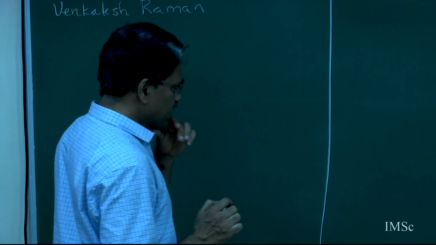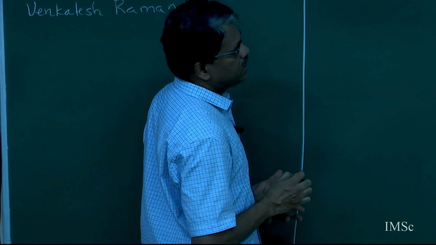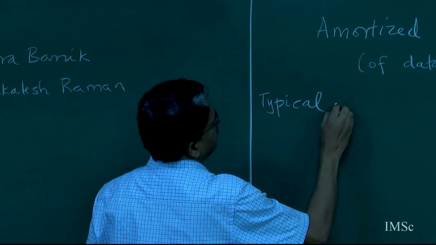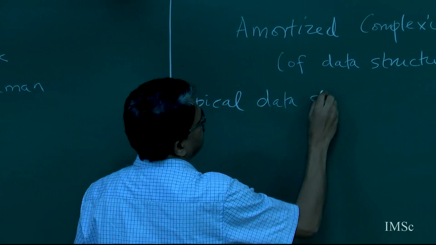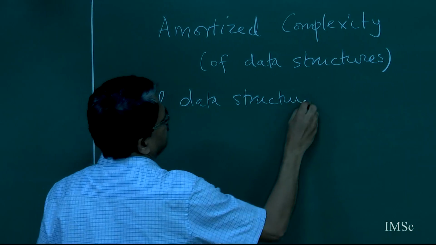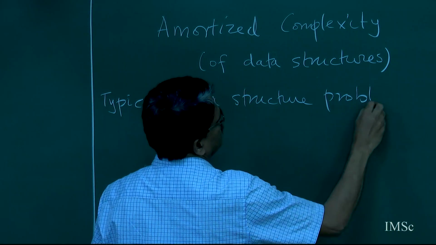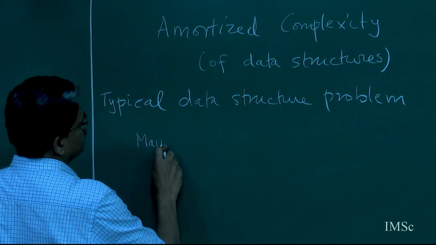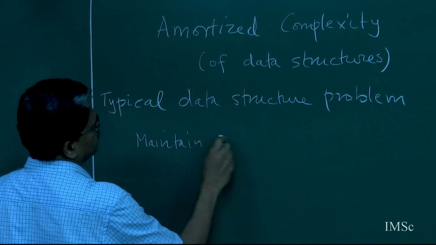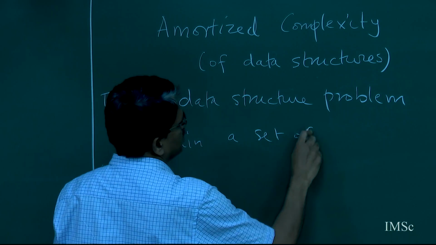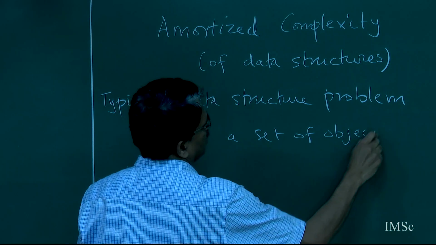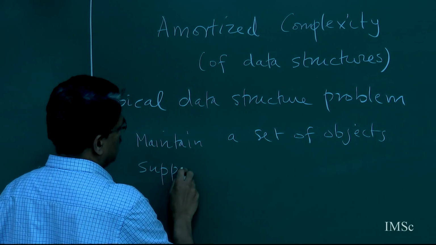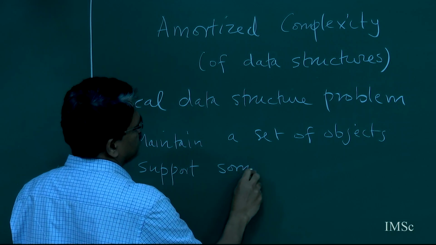Okay. So let's look at what is a typical data structure problem. In a typical data structure problem, you want to maintain some set of objects, and you're going to support some queries.